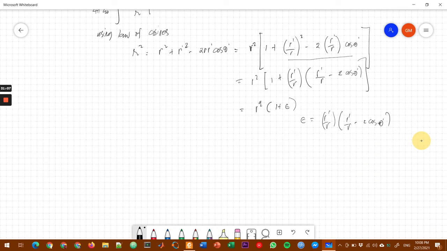So your r squared, if you take the square root, becomes r times the square root of 1 plus epsilon. This is very small outside the charge distribution, and we can take the binomial expansion because of that.